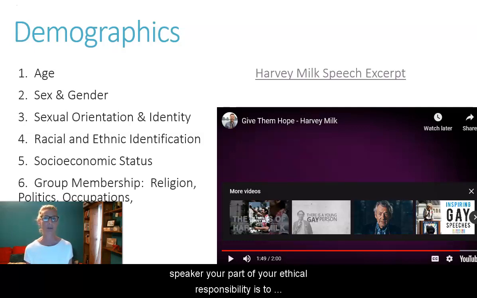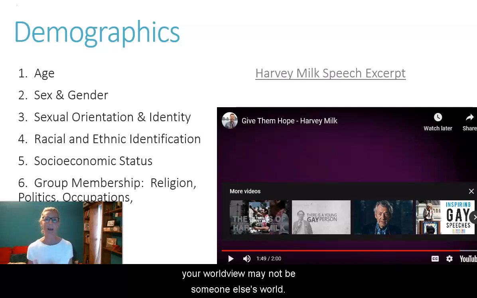But as a public speaker, part of your ethical responsibility is to acknowledge the diversity of your audience, to also acknowledge your own background and how that perhaps shapes your worldview, and understand that your worldview may not be someone else's worldview. And it's really important to get that as a student of speech.